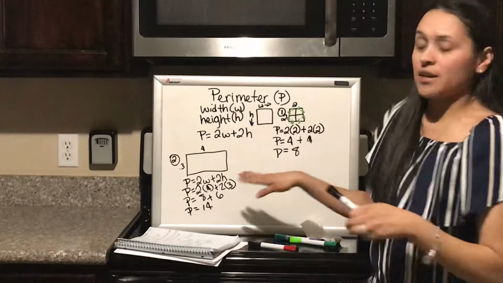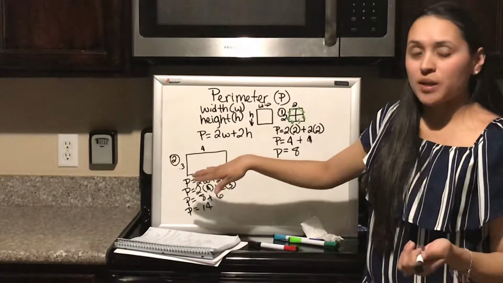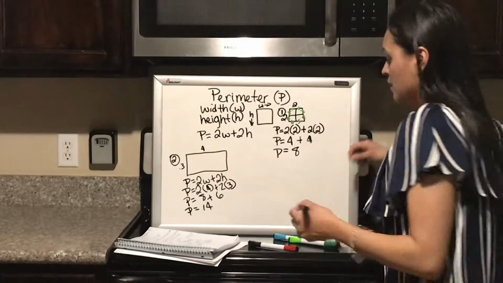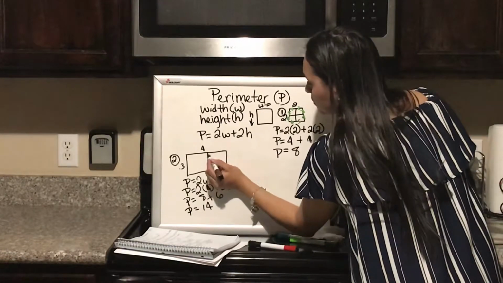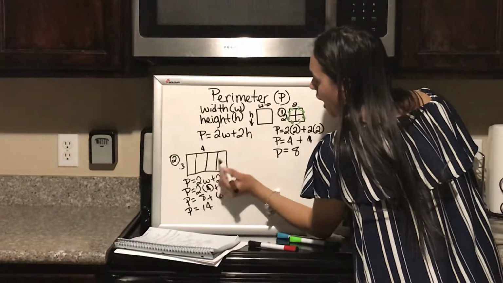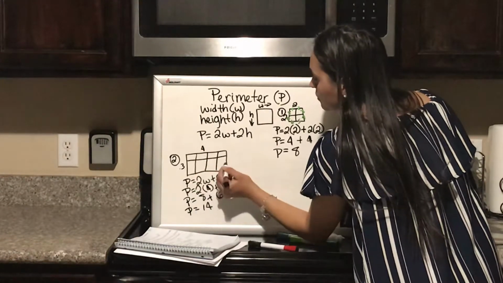We can also check this by making a grid and counting our sides. So our rectangle is 4 units wide and 3 units tall.